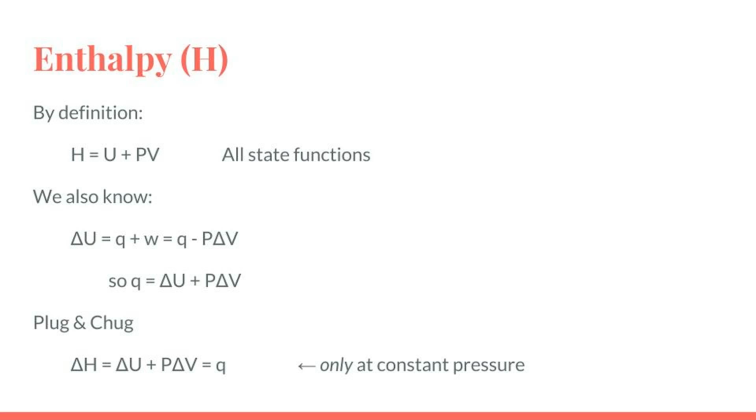So for benchtop chemistry, laboratory chemistry, like you have been doing, like you're going to do for the rest of your life, whether you set foot in another chemistry classroom or not, delta H equals Q. Q becomes a state function at constant pressure. Okay. That is the takeaway here. At constant pressure, Q becomes a state function, and everything becomes much, much easier.